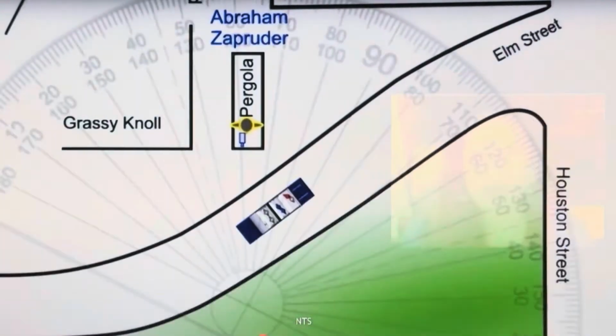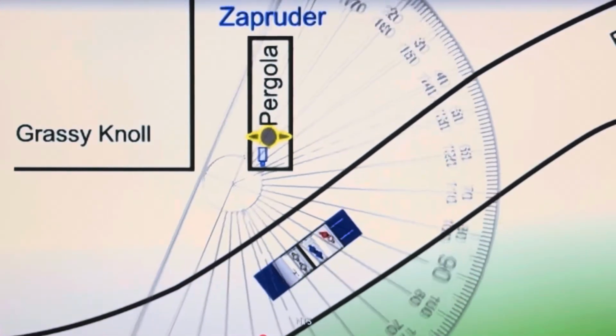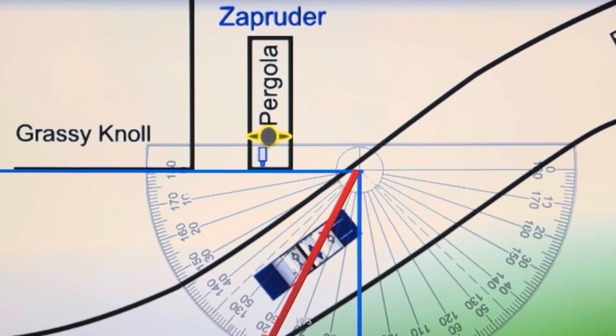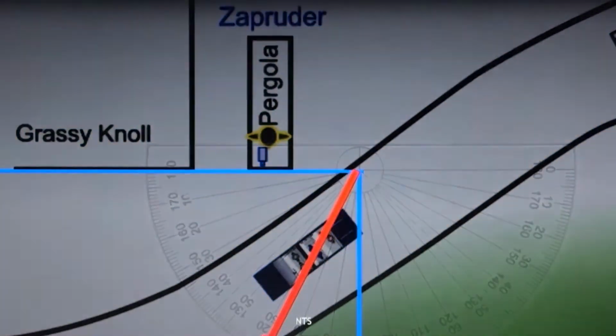So if you take a compass, a protractor, you can put this down on a map of Dealey Plaza. You can measure that angle at 90 degrees plus another 26 degrees, and you have now indicated on your graphic the direction the president is facing.